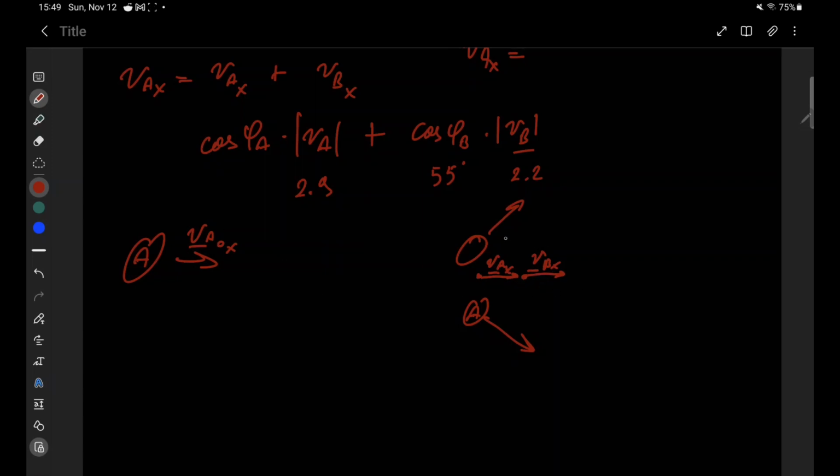Meaning that we must sum these two vectors, or the values of these two vectors. They are both positive, even though the velocity of one of them is moving down and one of them is moving up. Their components in the direction of x are positive, and this is where the mistake was made.